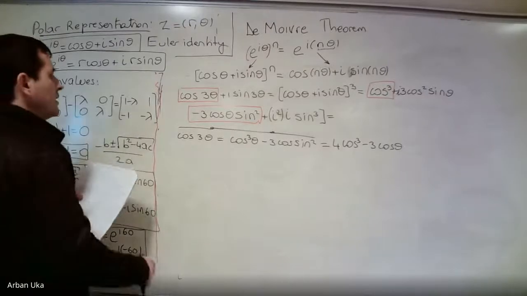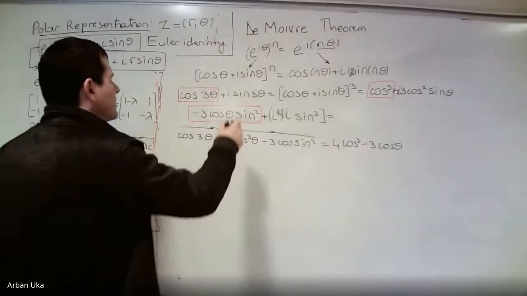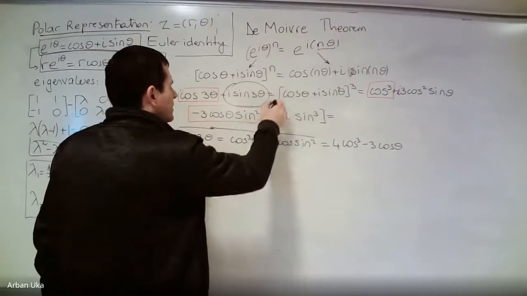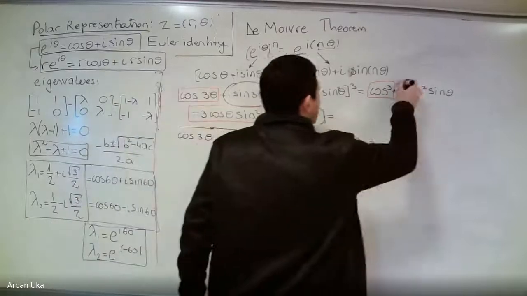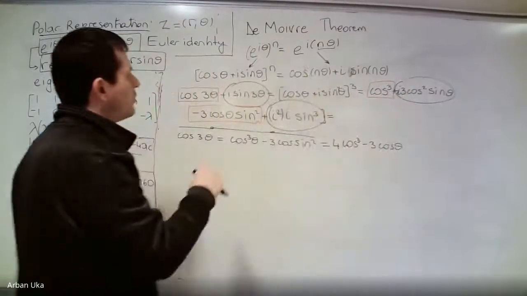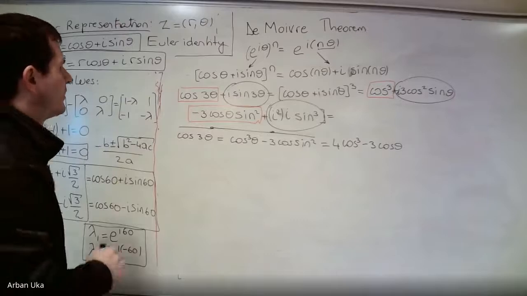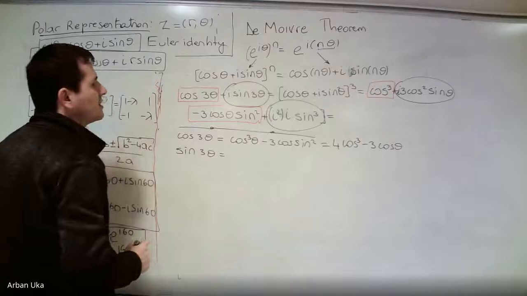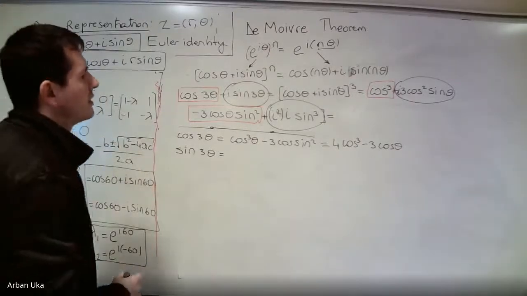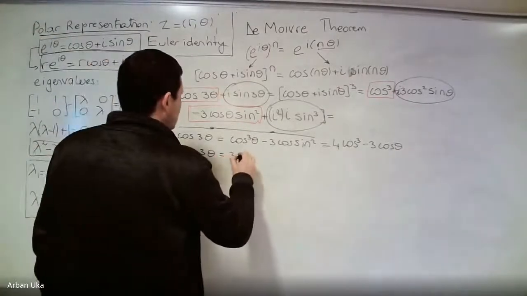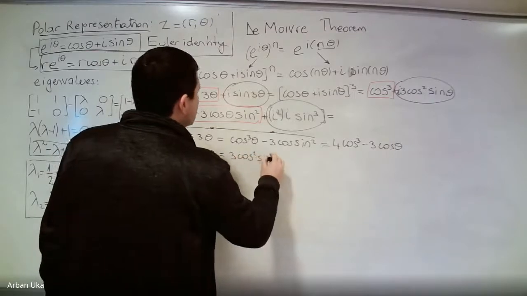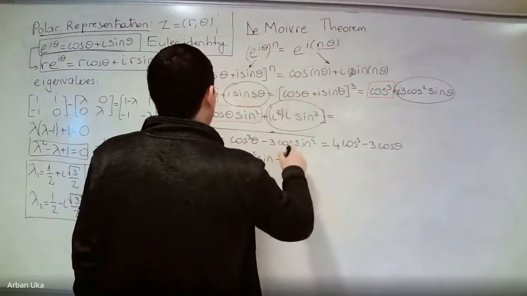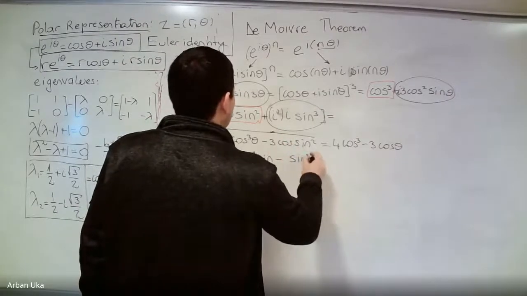And similarly, we can also note that the complex parts, this term and this term here, should be equal on both sides of the identity. So here we can say that sine 3 theta is equal to 3 cosine squared sine minus sine cubed.